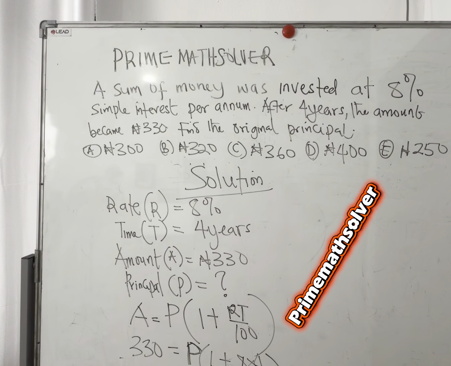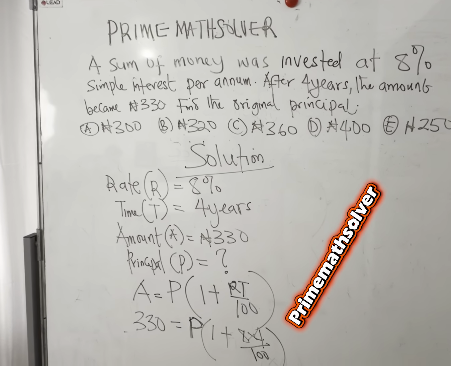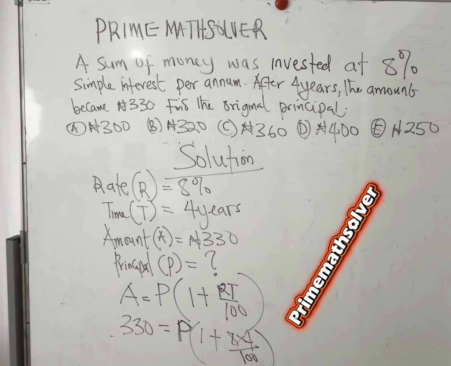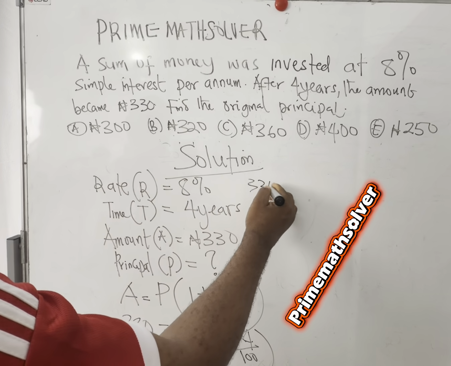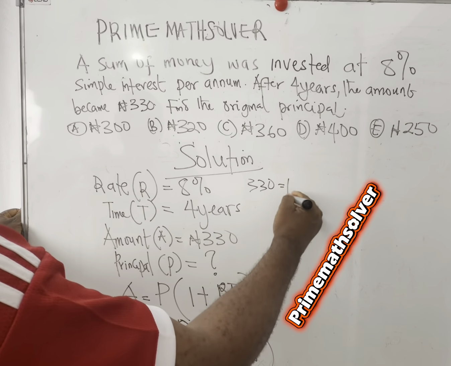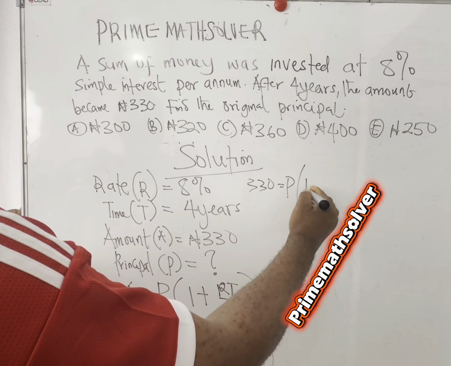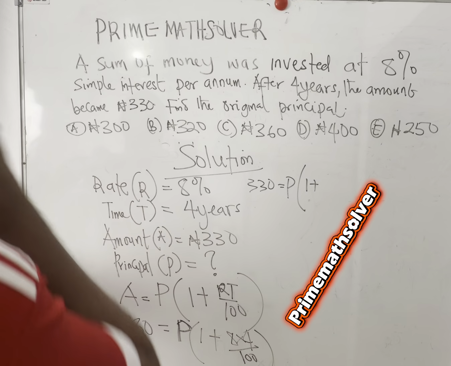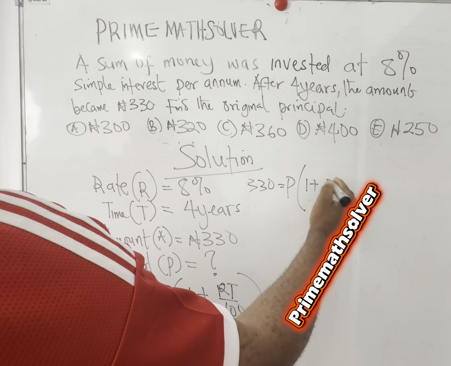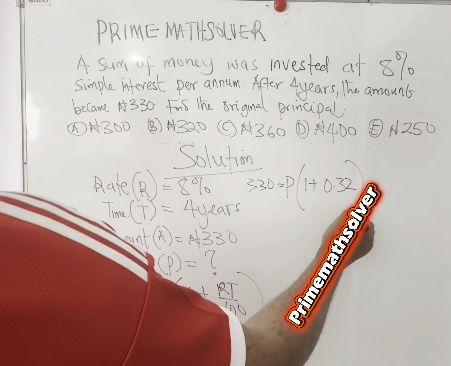I don't know if that is clear enough. So, let's proceed. 330 equals P times 1 plus 8 times 4, which is 32, so you have 32 over 100. 32 over 100 will give you 0.32.